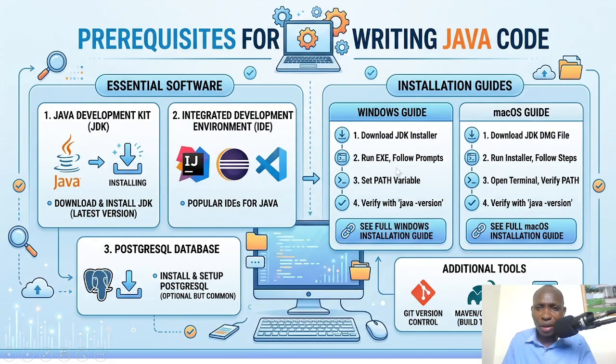For the installation guide, just download the JDK installer, run it, and follow the prompt instructions that will come up to install it. You set the path variables, and verify with java -version if you have already installed the JDK. Remember, without the JDK, your Java program will not run.